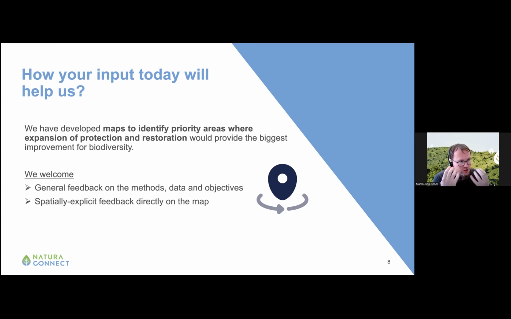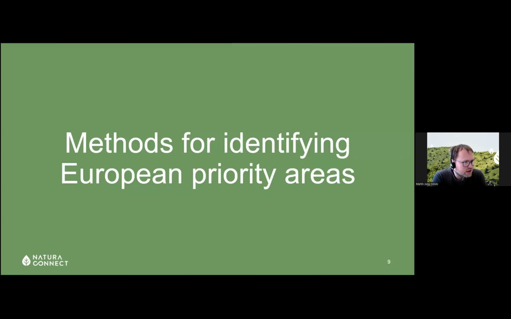So literally you telling us on the map where you see maybe challenges, but also really nice, interesting patterns or ideas how this could be valuable for people in your region and the institutions in your regions. Okay, with this, I now give over to my colleague Louise, who will tell you a little bit about how we actually identify European priority areas.